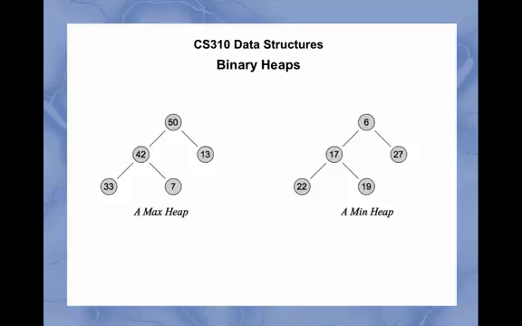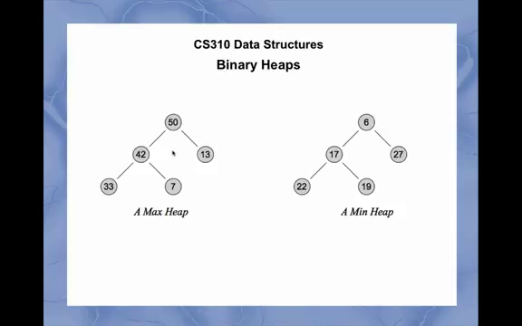So here we have an example of a min heap and a max heap. In the case of the max heap, we see that the 50 here is actually the largest element in the structure, and it is at the root. The requirement then is that each child be smaller than its parent, but there's no other ordering specified. With a binary search tree, everything to the left must be smaller and everything to the right larger.